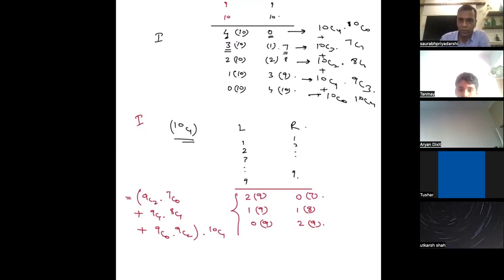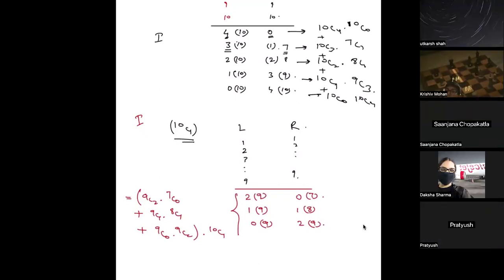Should I go for the second one? Second method. See, if I'm selecting 10C1, 10C1 means I'm getting 1 pair, right?